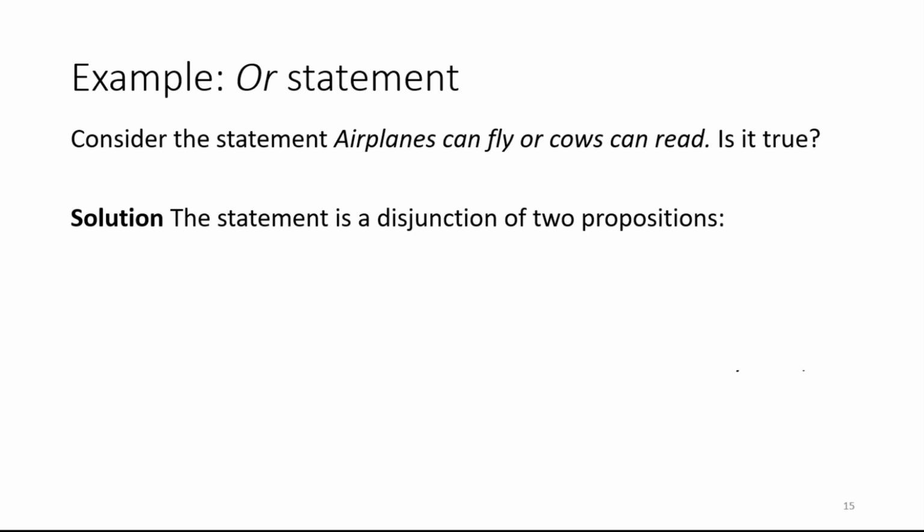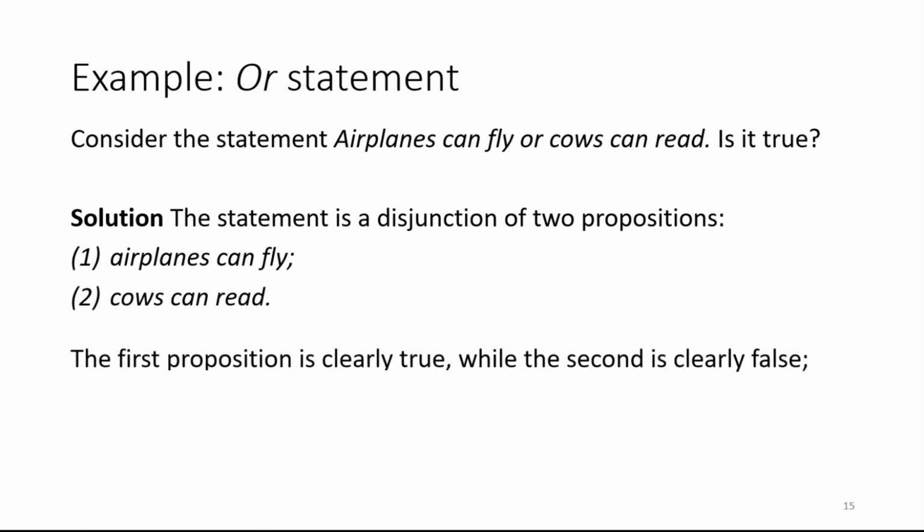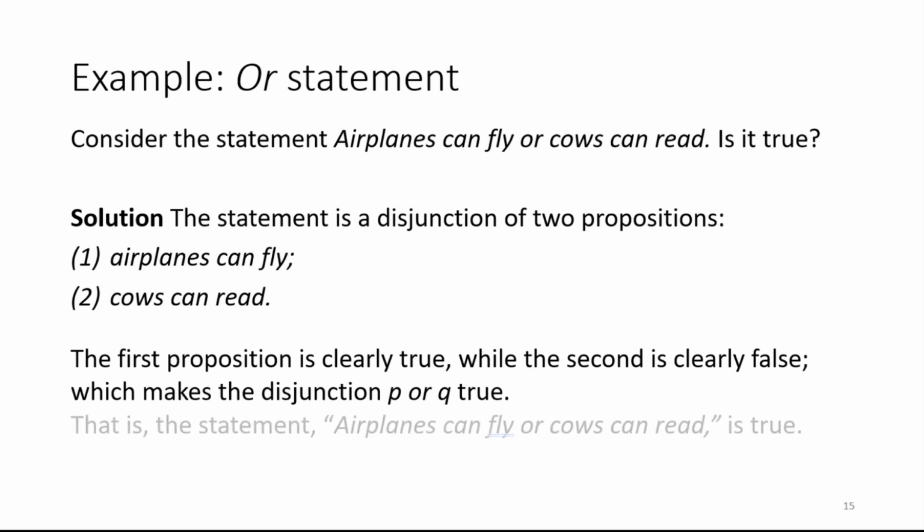The statement is a disjunction of two propositions. The propositions are 1, airplanes can fly, and 2, cows can read. The first proposition is clearly true, while the second is clearly false, which makes the disjunction P or Q true. That is, the statement, airplanes can fly or cows can read, is true.